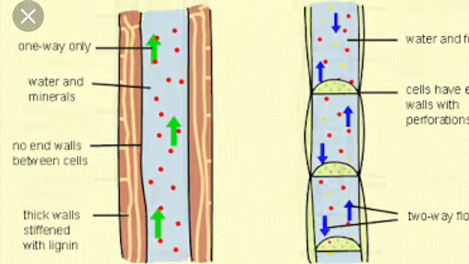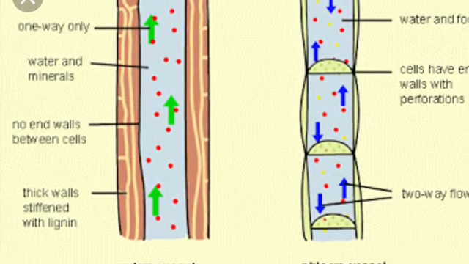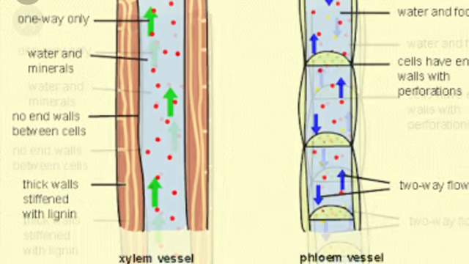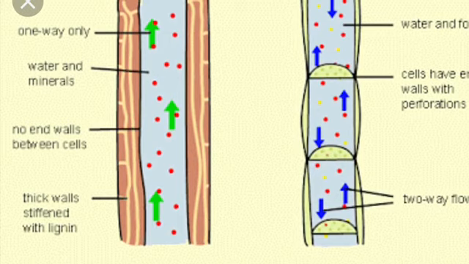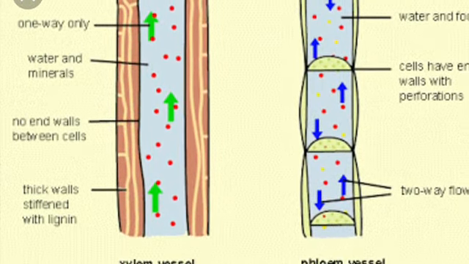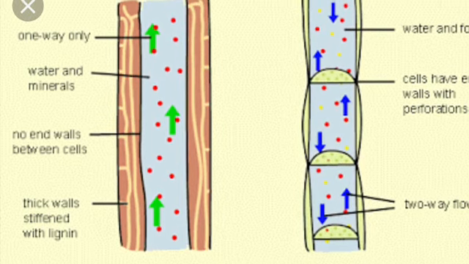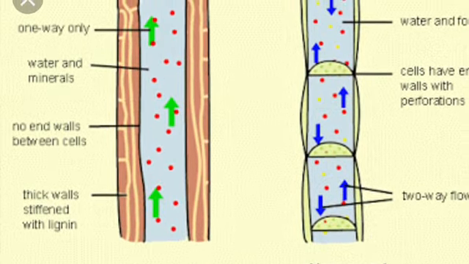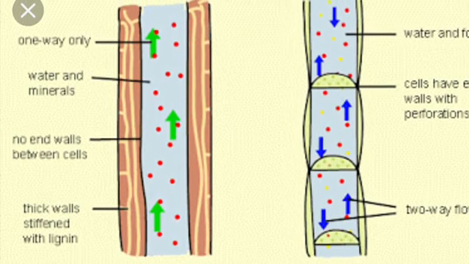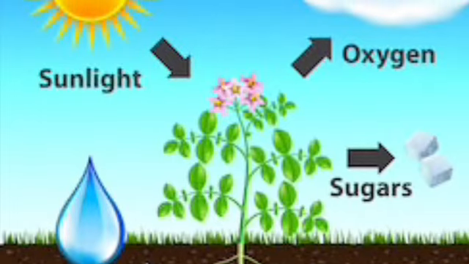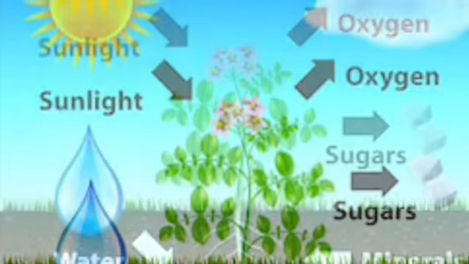And so the glucose, where does it go? It goes to a vascular tissue that we call phloem, which stores the sugar, or stores the glucose, while the oxygen is being released by way of the structure that is responsible for gas exchange, and that is going to be the stoma. And so that kind of wraps up what you need to understand about photosynthesis.